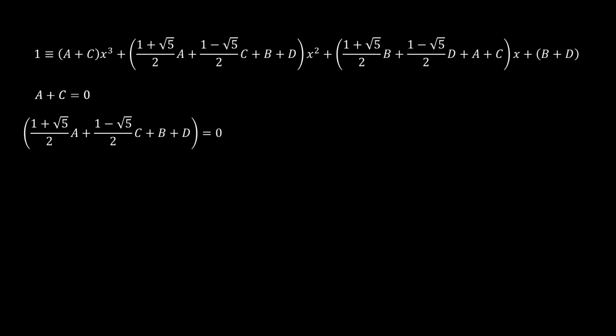And also, since we have no x term on the left hand side, that means that this term also equals 0. So (1 plus root 5)/2 b plus (1 minus root 5)/2 d plus a plus c equals 0. And then the only thing on the left hand side is 1, so this constant here equals 1.